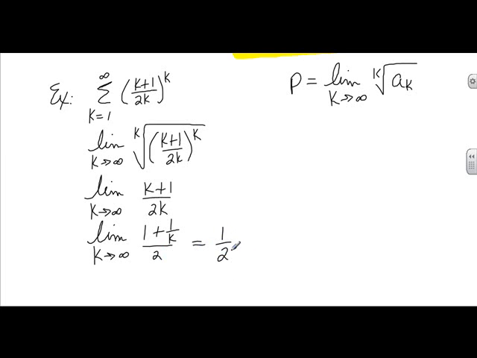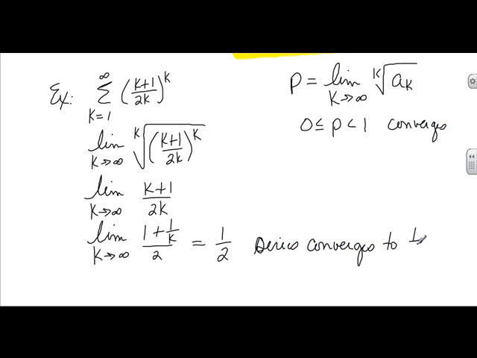Okay. Now, what are we looking for? If this root p is between 0 and 1, our series converges, which is what we have here. So this series converges by the root test.